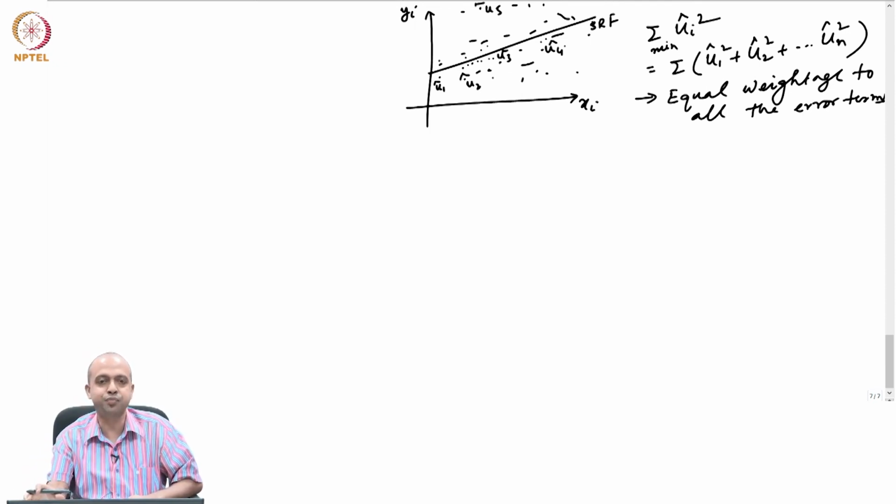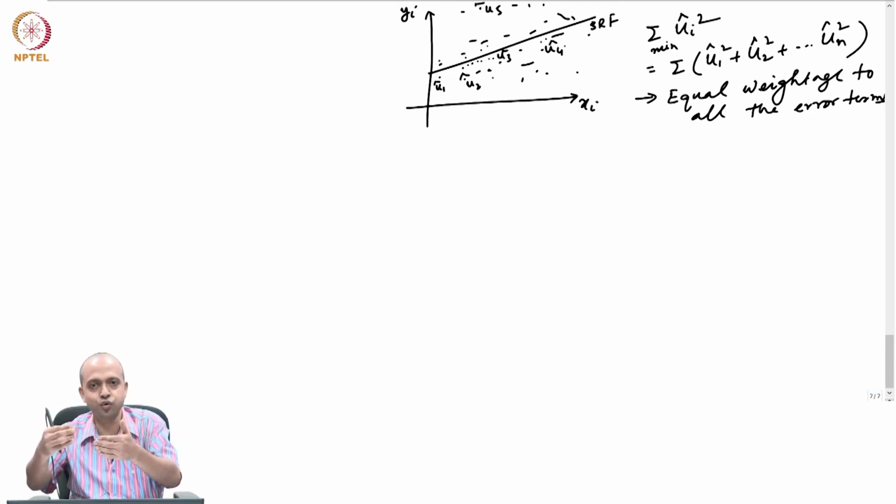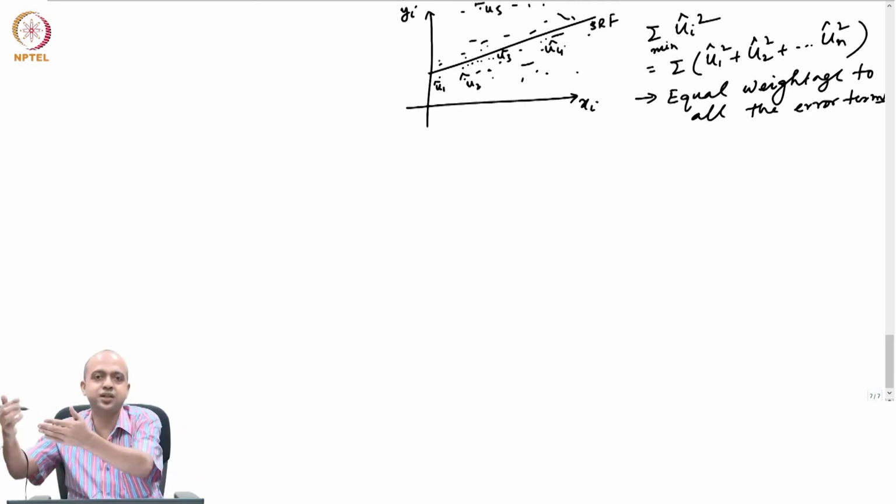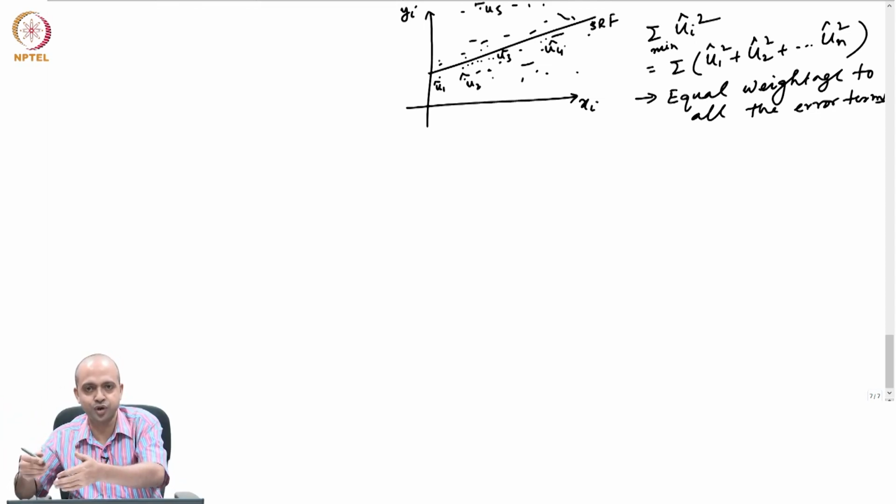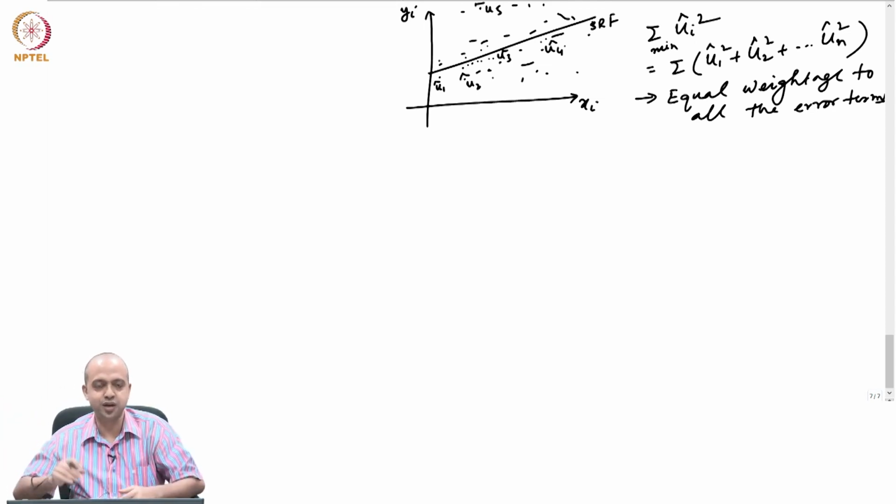But here it is happening just the opposite. When I am squaring, the larger the error, the larger the weightage, the importance they are given, because all are getting equal weightage, u1 hat square plus u2 hat square.